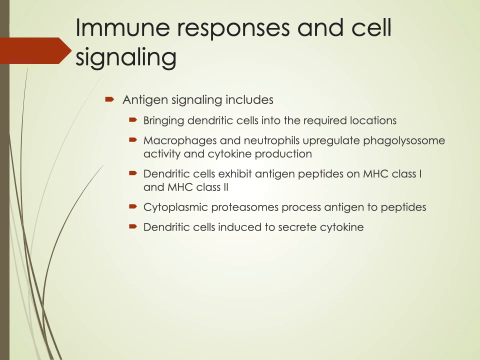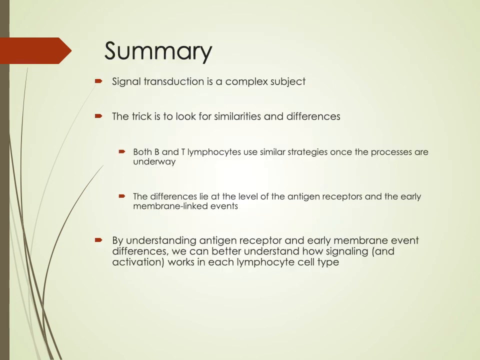It can cause them to produce cytokines. And with dendritic cells, it can cause them to upregulate MHC class 1 or class 2 so that they can present antigen peptides. For cytoplasmic proteasomes, this can cause more effective processing of antigens into peptides.